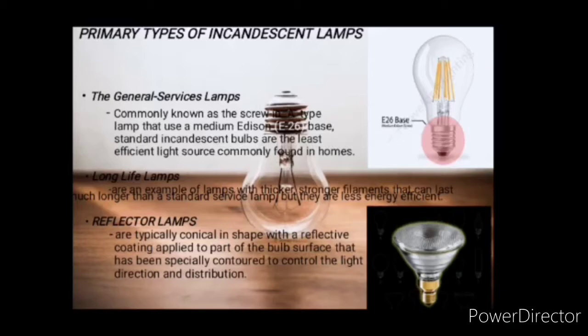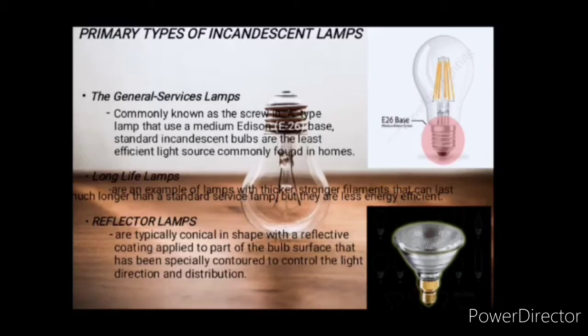Kay kasagara sa mga standard incandescent lamp, kay dili kaayo makuhaan og light source nga kasagara makita sa mga balay. Long life lamps are an example of lamps with thicker, stronger filament that last much longer than a standard services lamp, but they are less energy efficient.